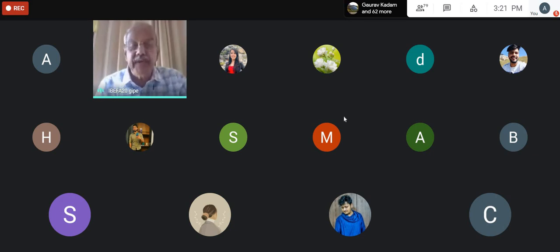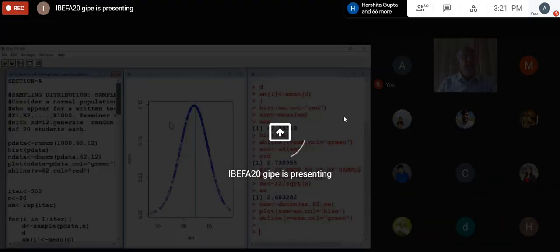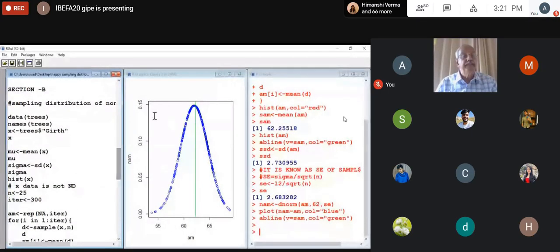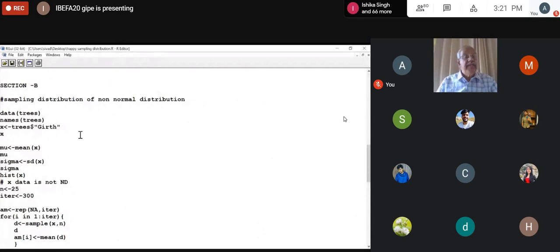Now I am going to section B. In section B, original data is not normal. Sampling distribution of a non-normal distribution.